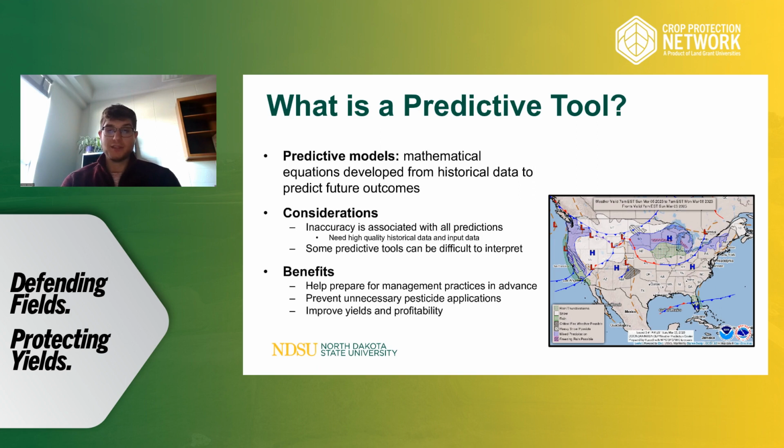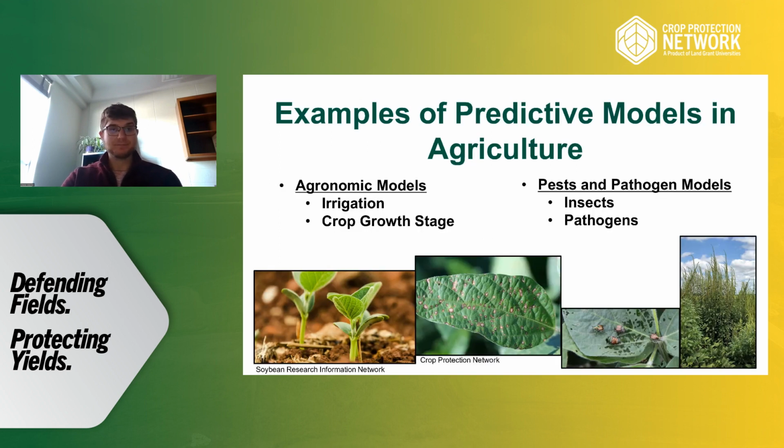Additionally, when thinking about pesticides or fungicides, these tools can also help prevent completely unnecessary applications, saving those inputs as well as money from the financial standpoint. Additionally, these models can lead to improved yields due to improved management of that crop, as well as increased profitability at the end of the season.